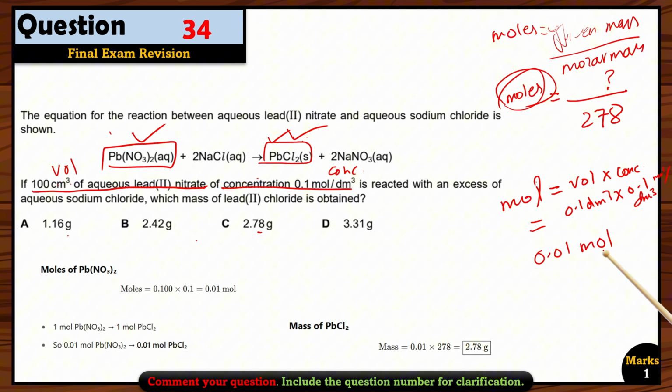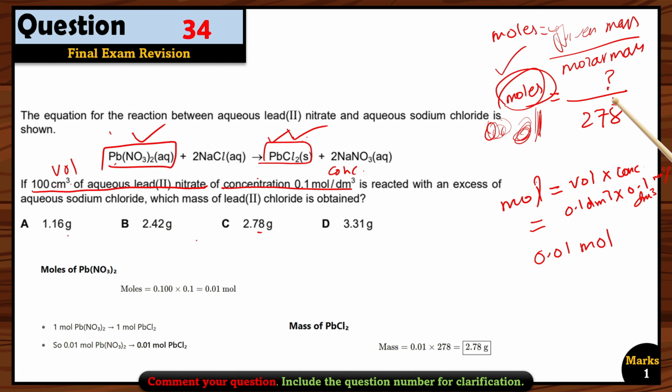So now you already know 1 mole is producing 1 PbCl2. So 0.01 mole will produce how much? 0.01. So now you already know how many moles you have. You already have 0.01 mole, right? So it's simple, 0.01 mole.